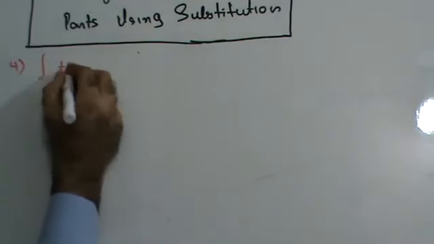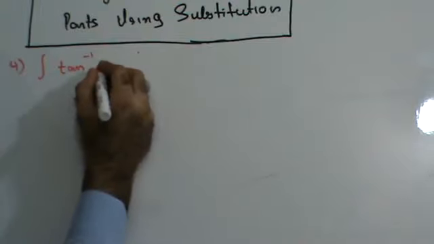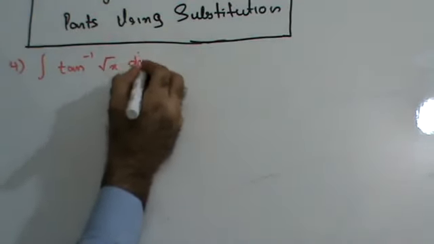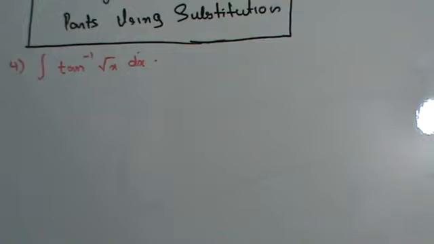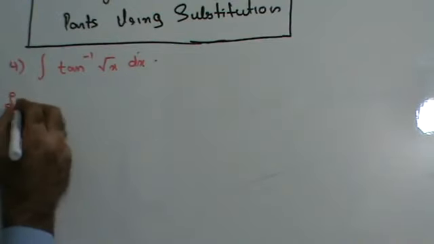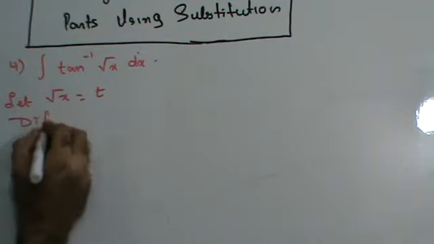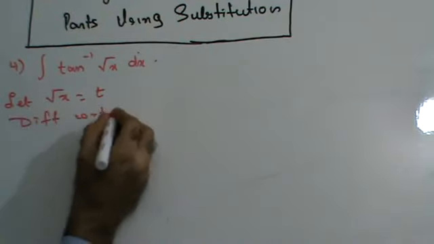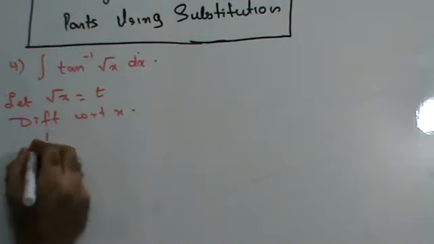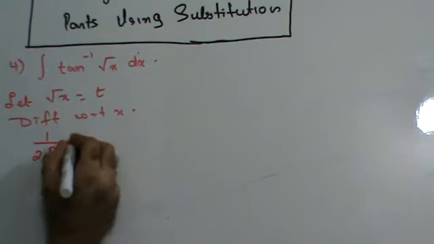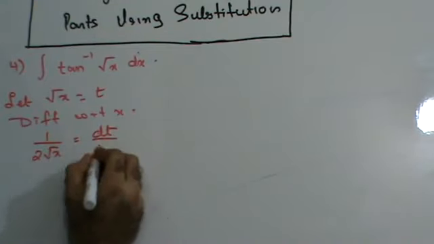Integral of tan inverse of root x dx. Fine. Now you will say let root x be equal to t. Differentiate with respect to x. D by dx of root x is 1 upon 2 root x, which is dt by dx.